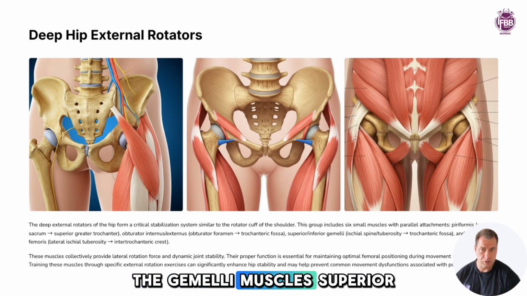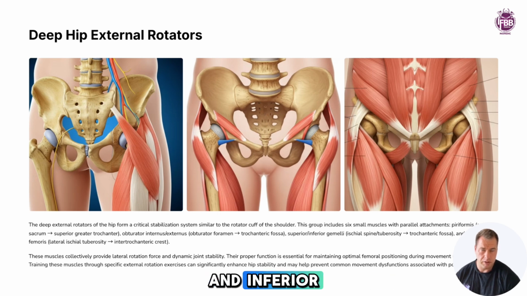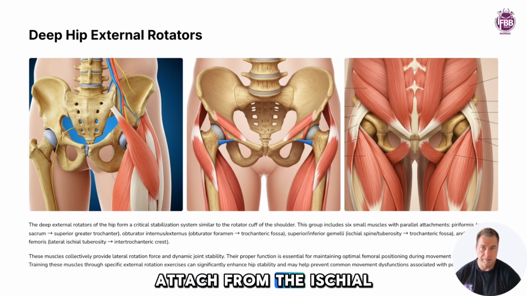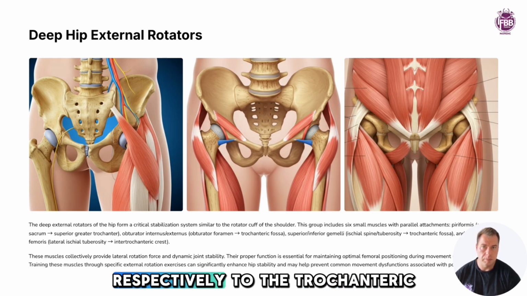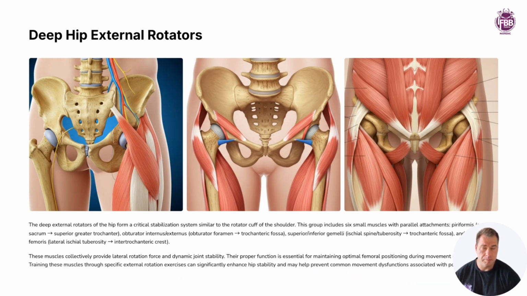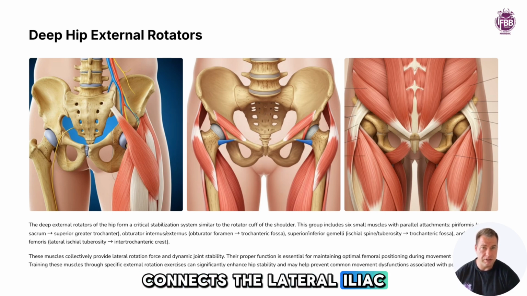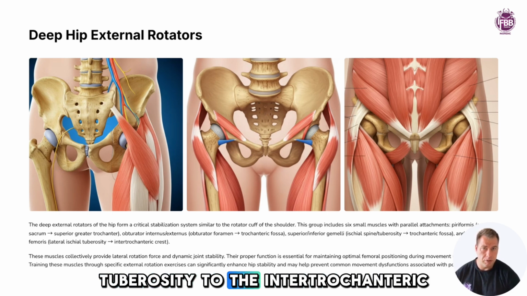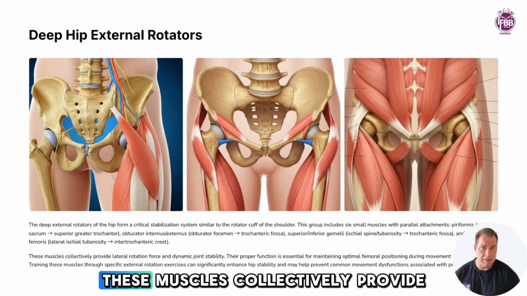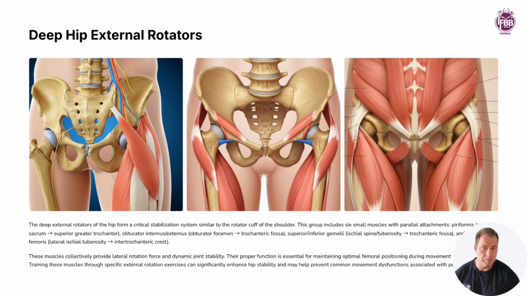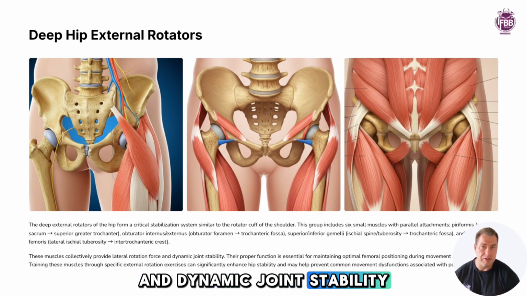The gemelli muscles, superior and inferior, attach from the ischial spine and tuberosity respectively to the trochanteric fossa. The quadratus femoris connects the lateral ischial tuberosity to the intertrochanteric crest. These muscles collectively provide lateral rotation force and dynamic joint stability.